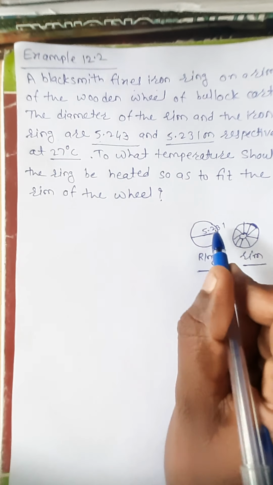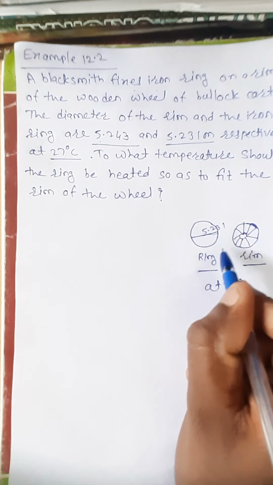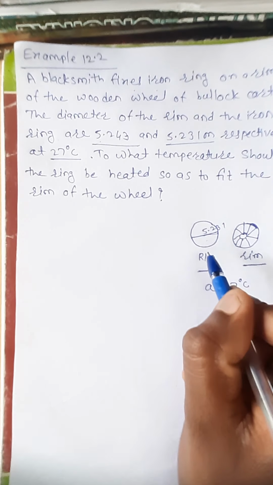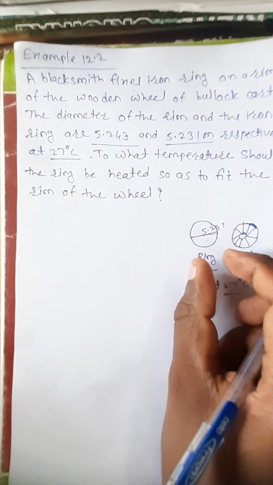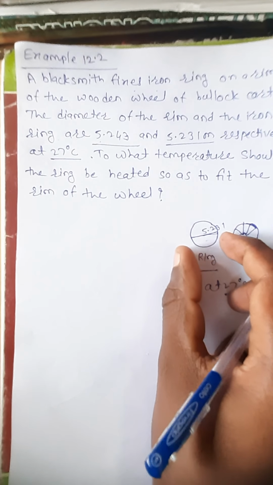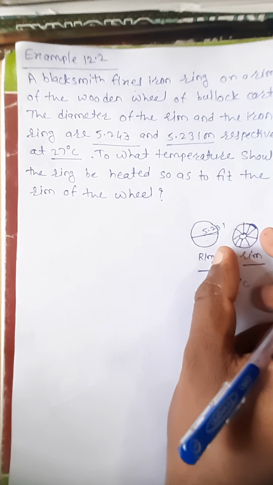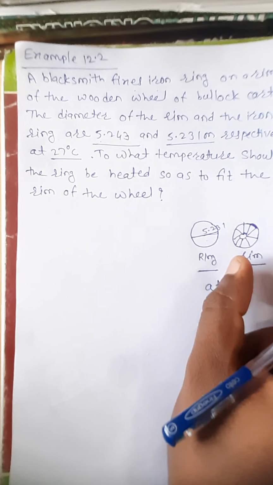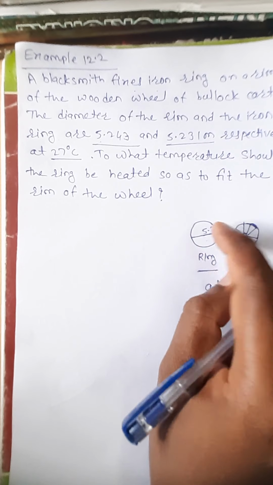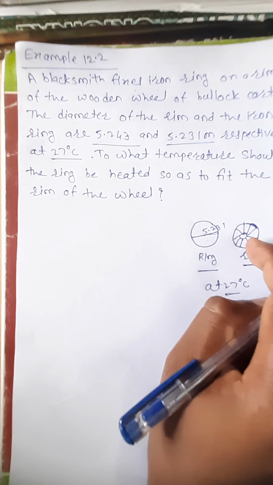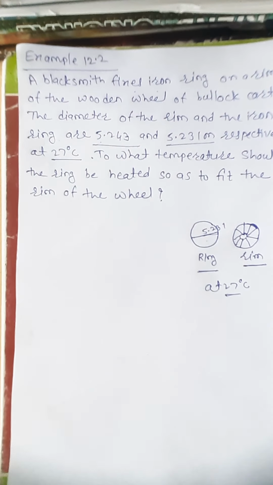Initially the ring has a smaller diameter compared to the rim. When you heat that ring, its diameter increases. When its diameter equals the diameter of the rim, the ring will be fixed to the rim, meaning the rim is fixed inside the ring.